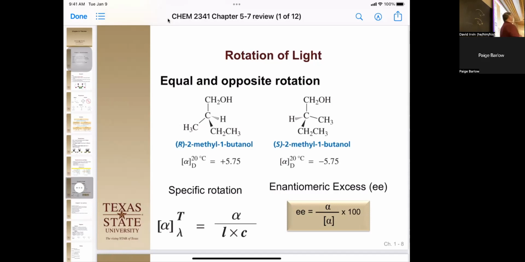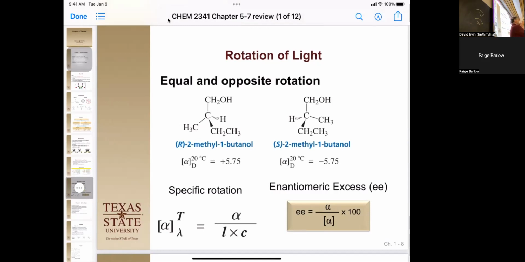And then if you have a mixture, but it's not 50-50, then we have what we call enantiomeric excess. So you have some optical activity, but for every one you have rotating in that direction, you have one canceling some of it out. So that's how you get to the optical enantiomeric excess.